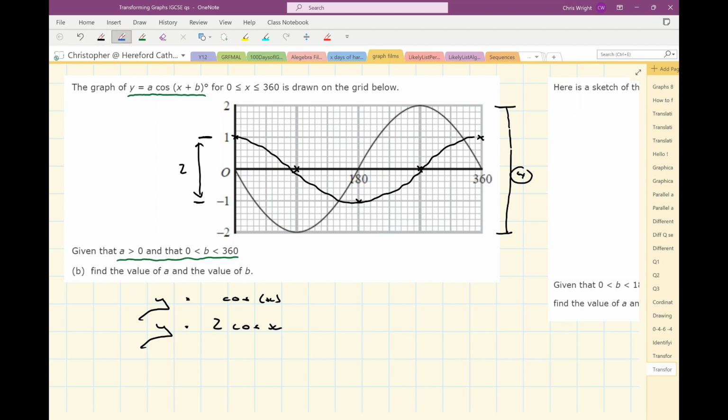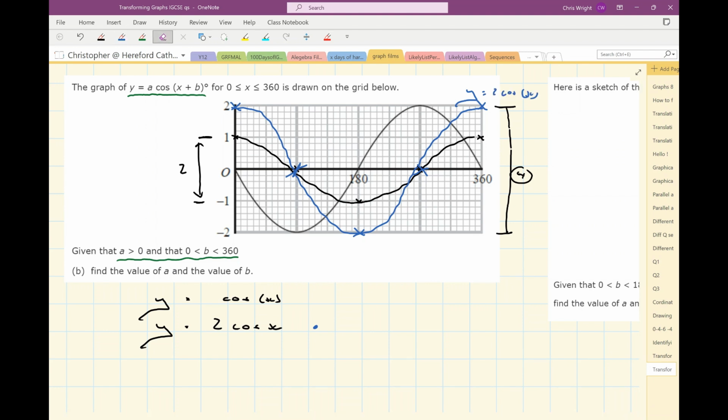Now, let's draw y equals 2 cos of x, and then we can compare that to our target curve. So I'm just stretching my y equals cos of x curve by a factor of 2 in the y direction, which gives me the blue curve. So the blue curve is y equals 2 cos of x.